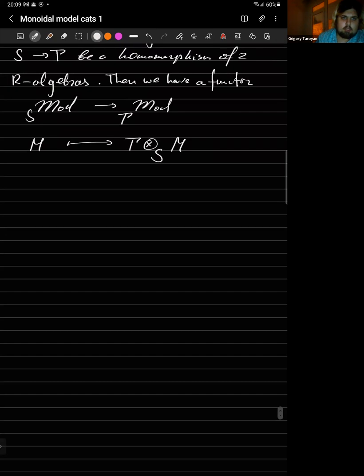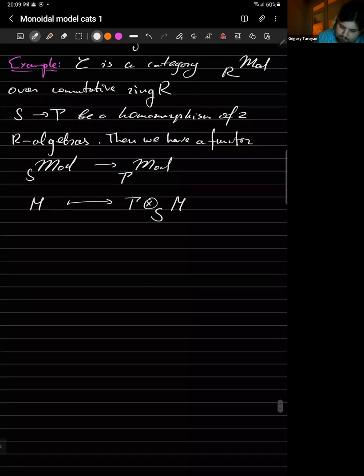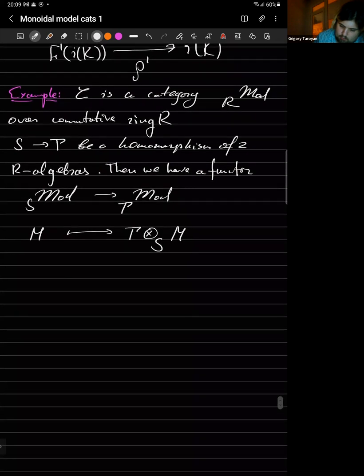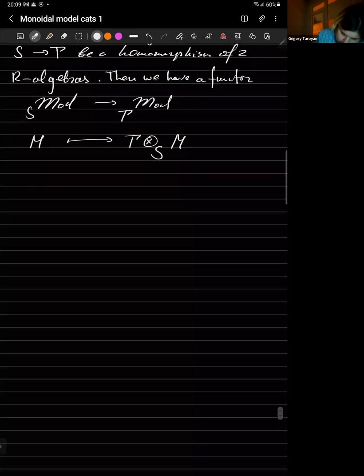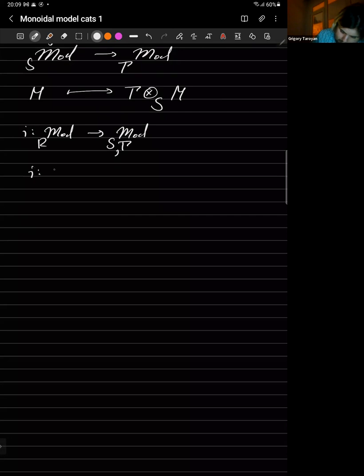First of all, obviously, we have a functor I from R modules to both of these, which is induced by the following.